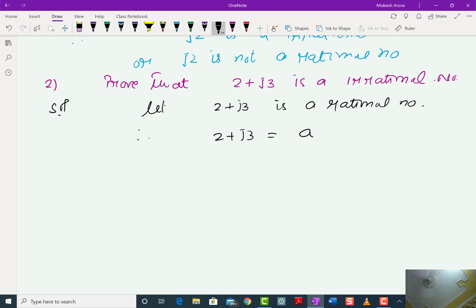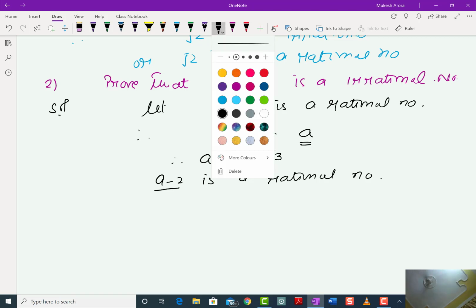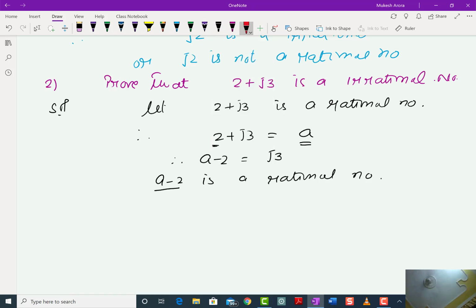So we will keep rational on one side and irrational on one side. Therefore, a minus 2 is equal to under root 3. a minus 2 is a rational number, because a was a rational number, 2 is also rational. From rational you subtract rational, it will be rational, right? Whereas under root 3 is irrational, that we know.